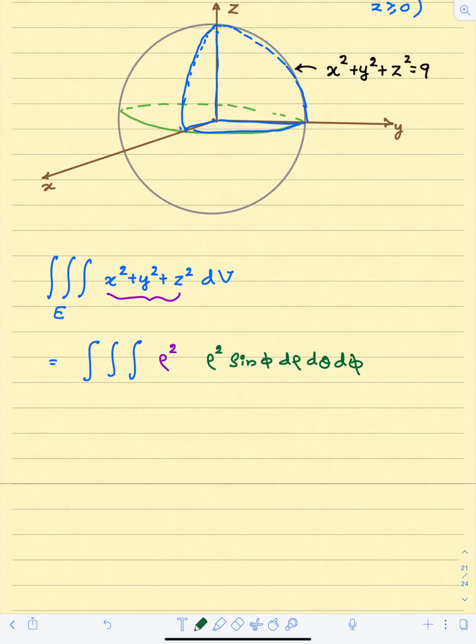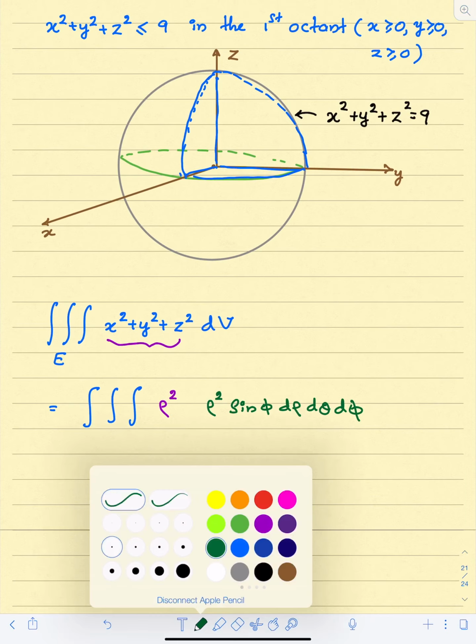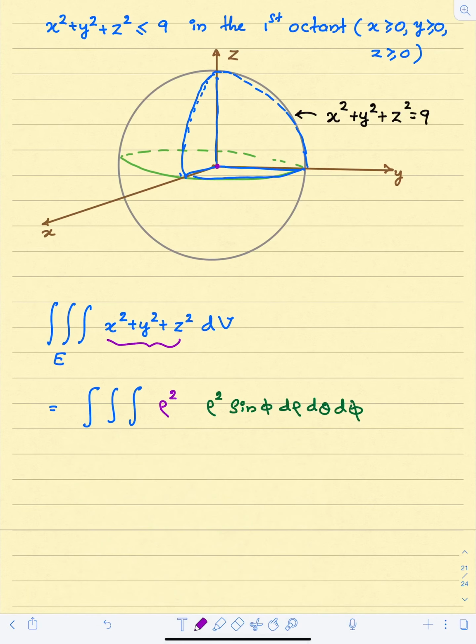Next we are going to find the 6 limits. The inner integral corresponds to rho, so that's the distance. Rho goes from 0 to 3, from the origin to the boundary of the sphere, which is 3.